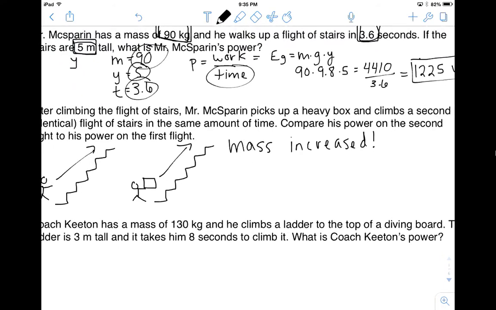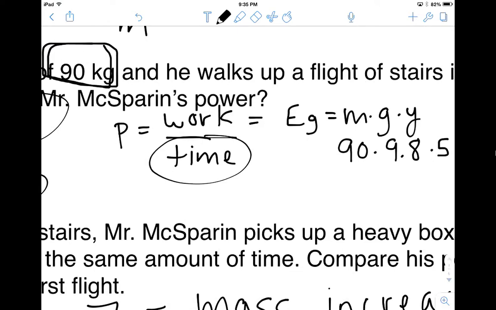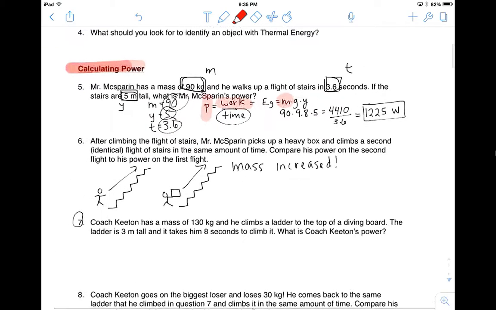Okay, so if we go look at our equation here, if I were to make this number bigger, it would make the amount of work bigger, which would also make power bigger.